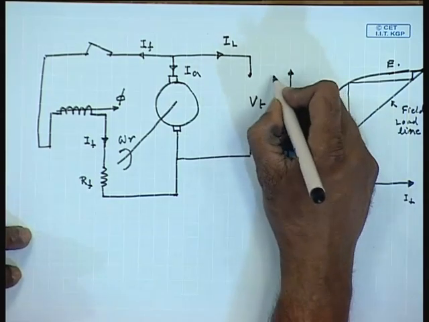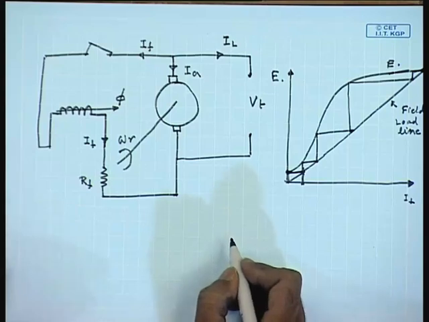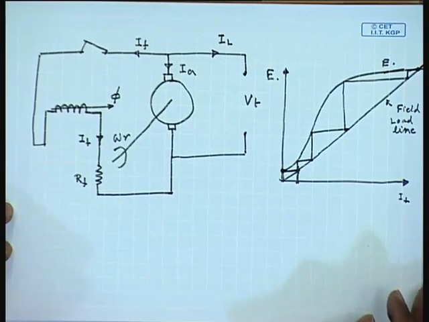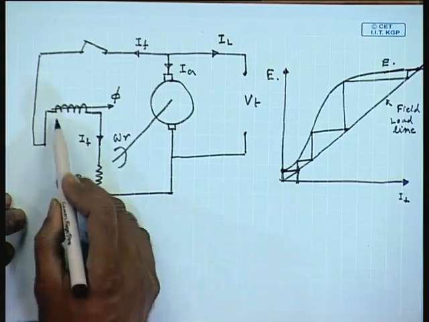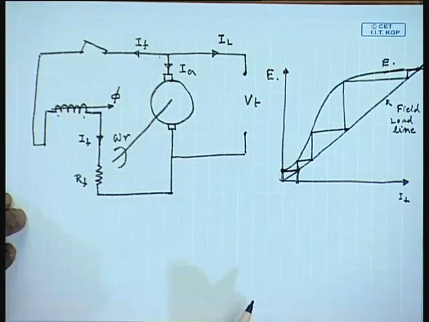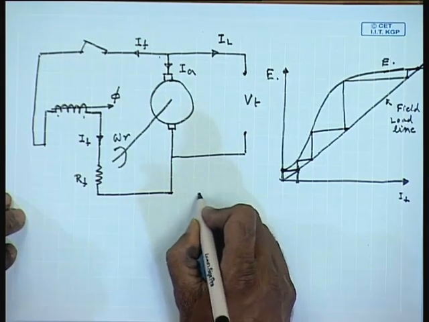This process is called the self excitation of a DC shunt generator. Since the field winding is connected across the armature terminal, this is called a shunt connection, and the generator is called a shunt generator.